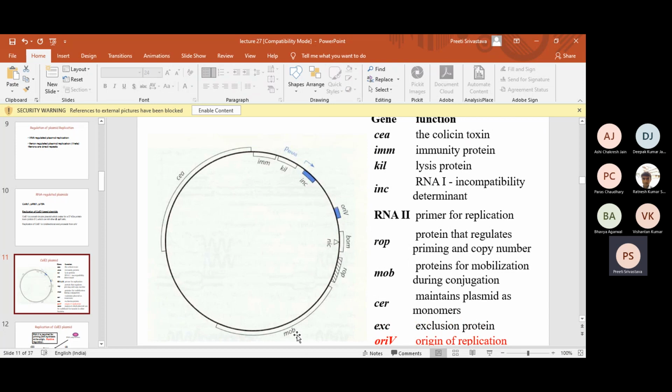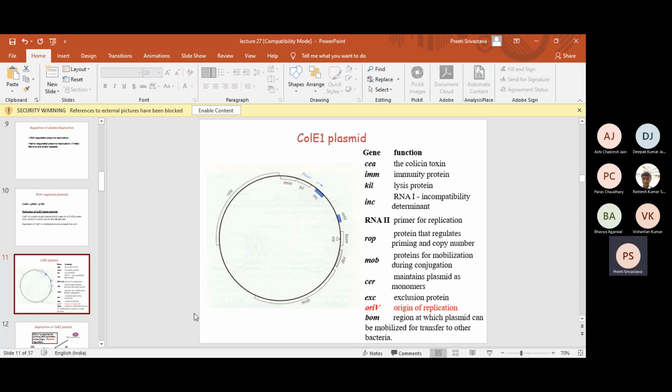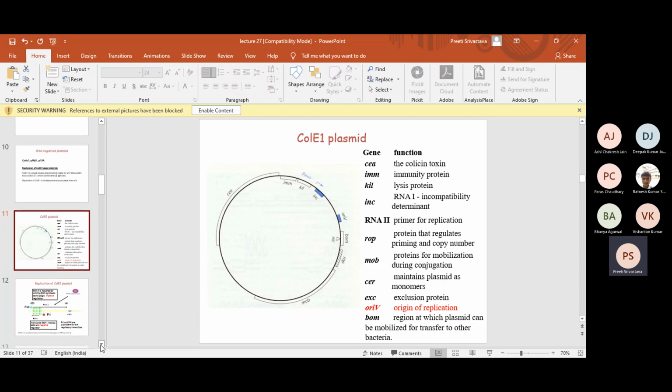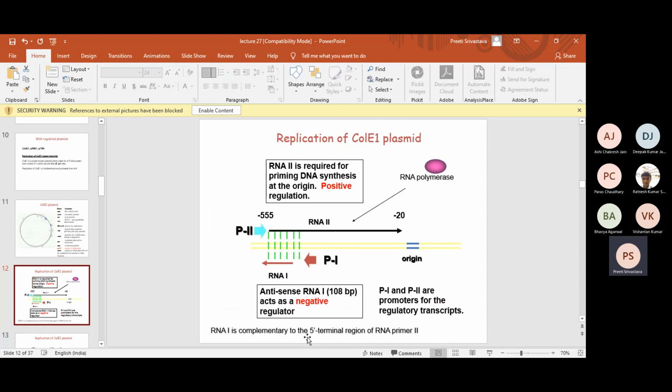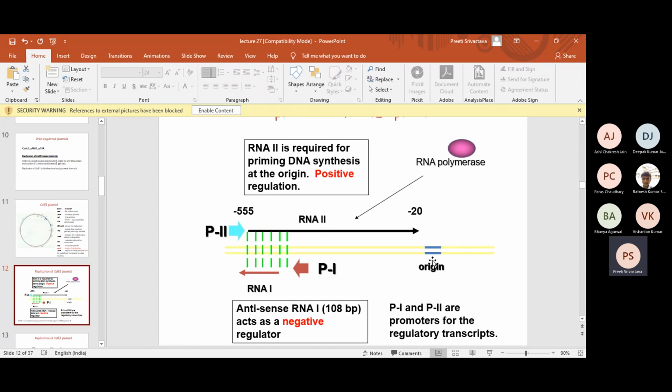It contains a gene for MOB, which is mobilization, an origin of replication, and certain other genes responsible for its stability. Let us see how the replication of ColE1 is regulated. This figure shows the origin region of the ColE1 plasmid. Let me make it bigger. What is shown in blue is the origin of replication.